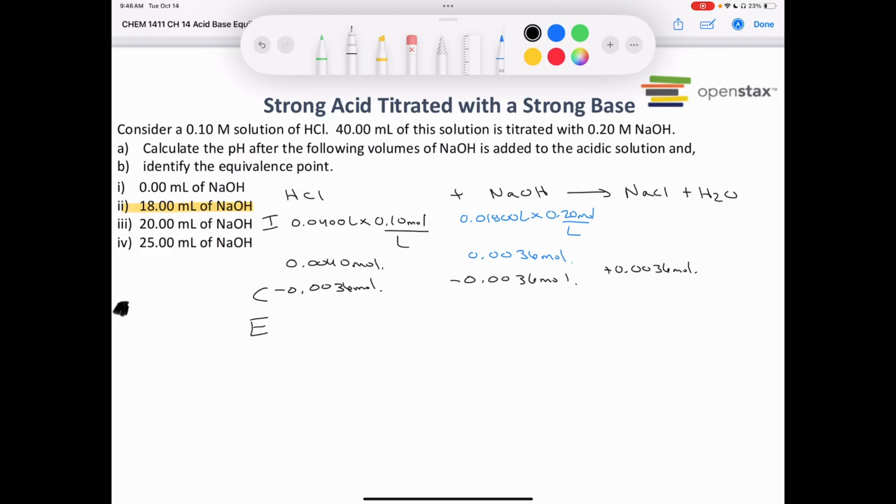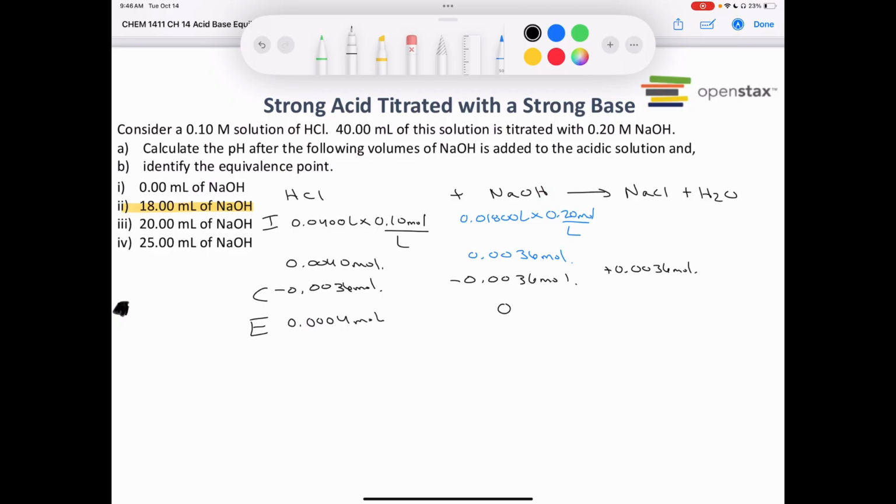But at equilibrium, we've gotten rid of all the sodium hydroxide. It was the limiting reactant, and we're left over with, it actually should be 0.0004 moles of our HCl.